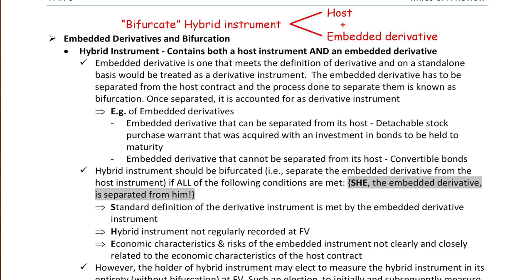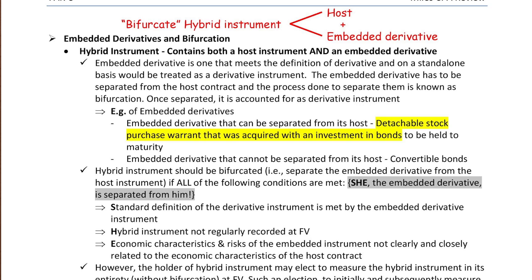Let's look at a couple of examples of embedded derivatives. The first one is an embedded derivative that can be separated from its host. For example, highlight a detachable stock warrant that was acquired with an investment in bonds. So the bonds, that's the host instrument.